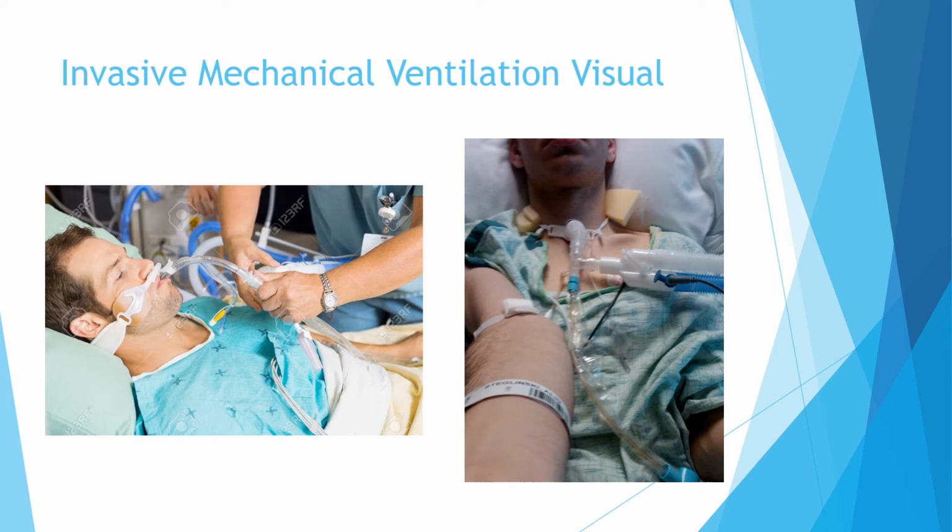So when someone is intubated, this tube here has little marks on it, and you can't really see them at all in this picture, but it has little numbers, so that way you'll know what number is at their lip line. So when someone's intubated, you're going to want to know what is the patient's lip line, and that simply means what number is on this tube right at their lip.